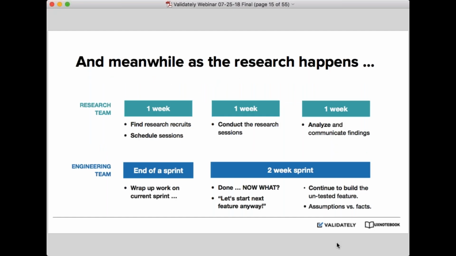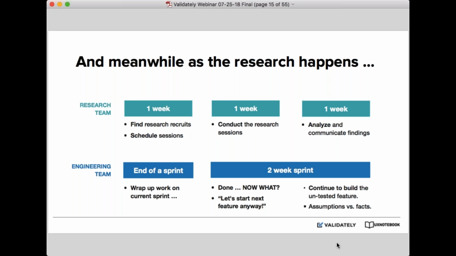But I want to go into a little bit more detail with an example. Let's imagine that we need to do some usability testing on a prototype of a new checkout process for our e-commerce website, and we want to do a usability test with 10 people. Obviously, these timelines are just rough. Probably in the first week, we need to find and recruit those people and schedule the sessions.